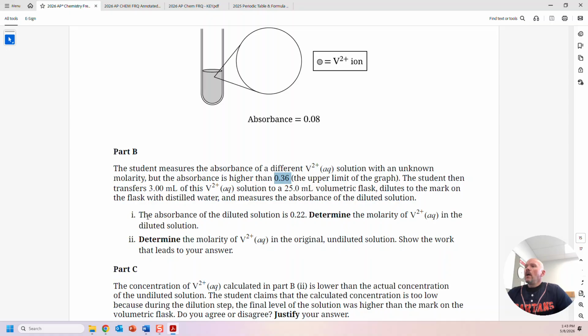So in part one, the solution is diluted and the absorbance value is 0.22. We have to determine the molarity in the diluted solution, right? So the solution that didn't produce this absorbance value, but we diluted that solution and now it's producing that absorbance value.